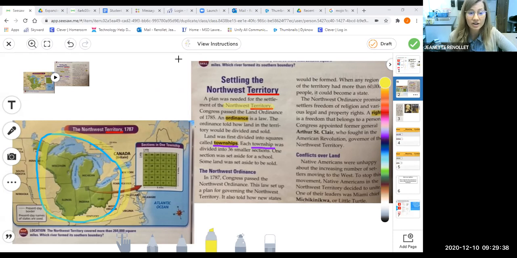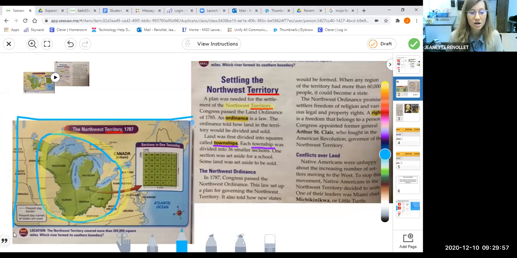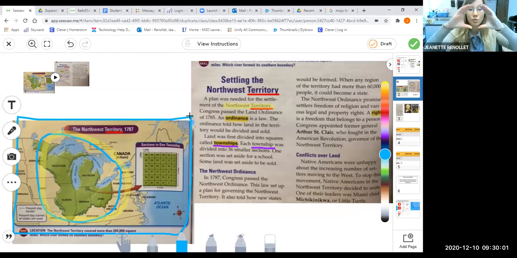Okay, I think we covered it. I think slide 2 was all about understanding that the settlers started moving west and they started to get more land, and we called it the Northwest Territory. This picture on slide 2 is really important. It helps you see what part of our country was in the Northwest Territory. Ashley, you had one more thought.